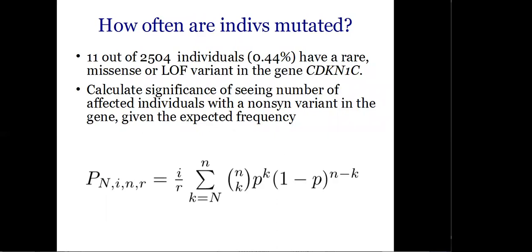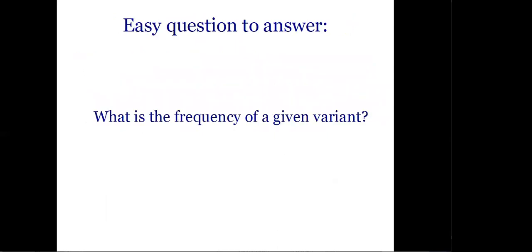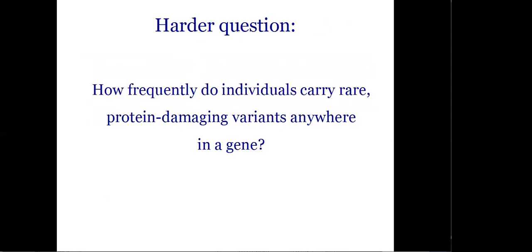The easy question to answer is, what is the frequency of a given variant? For that, you can browse the EXAC data set or the gnomAD data set and answer that very easily. But what's harder to answer is, how frequently do individuals carry rare protein damaging variants anywhere in a gene? And that's what this SORVA tool allows you to answer.